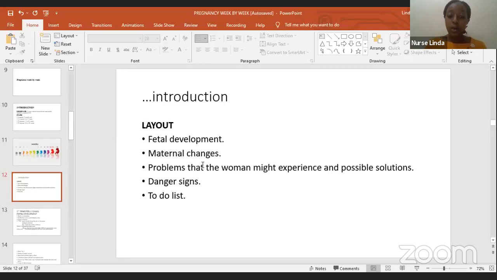And that is what we are calling the danger signs. And then we are also going to look at what things the woman needs to do at every stage of the pregnancy, so that by the end of the pregnancy, we have a woman who is ready to become a mother, and they are also ready to just take up the new responsibility that has come their way.